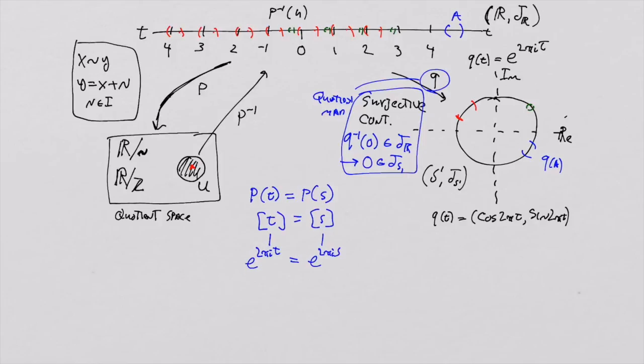So these instances of these mappings for points are in exact one-to-one correspondence with instances of these mappings.